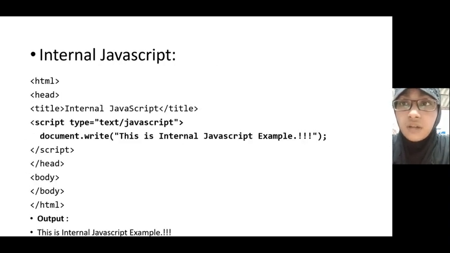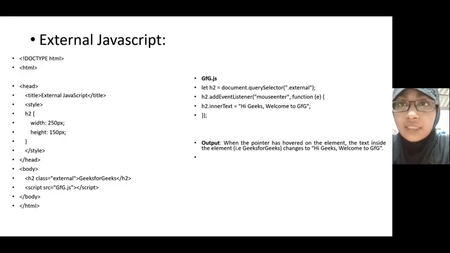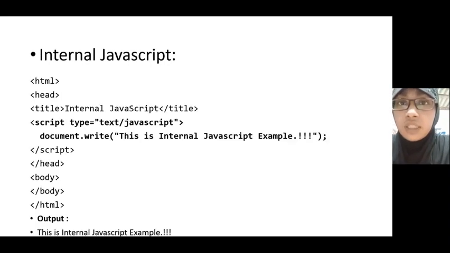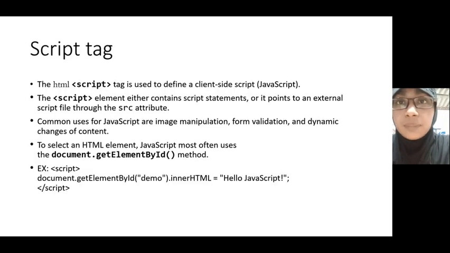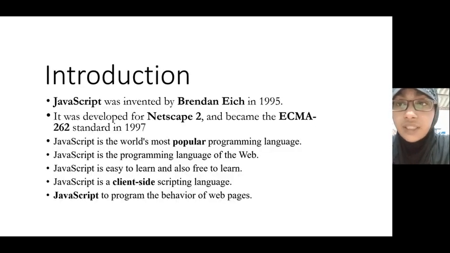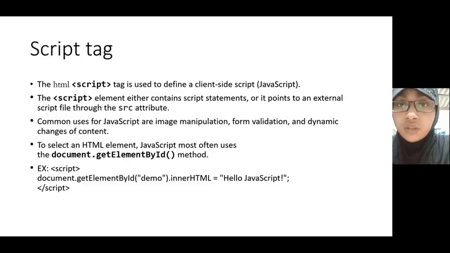External JavaScript is called external because it is written externally, without writing it in HTML. And different types of JavaScript, the script tag. We mentioned the script tag and the basic introduction. So that is all about the introduction of JavaScript.